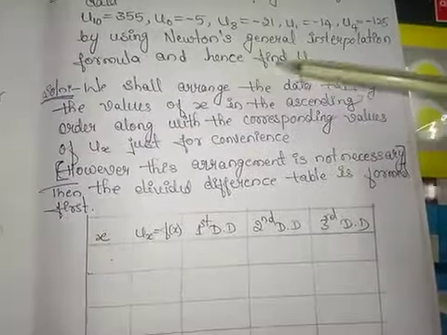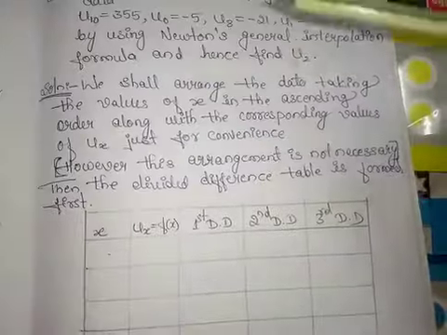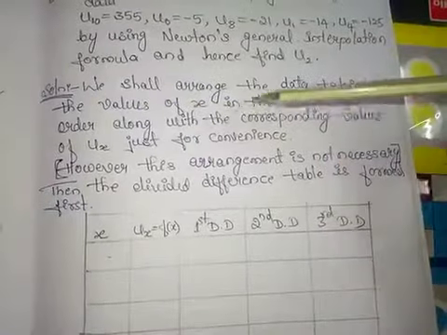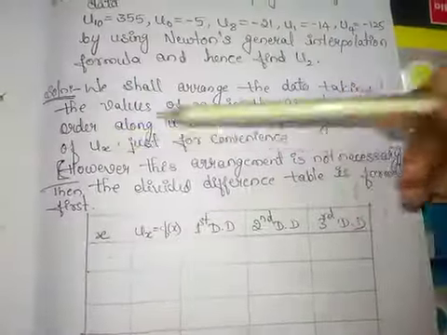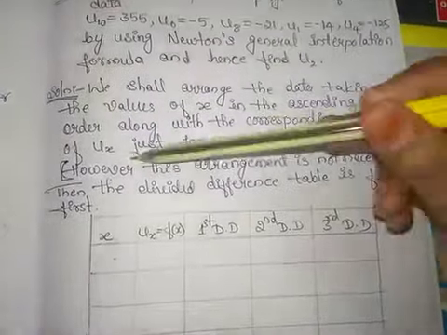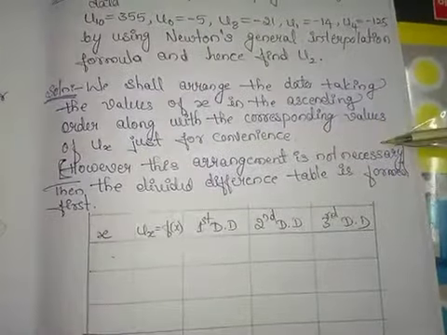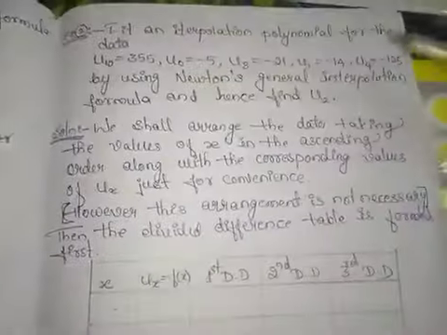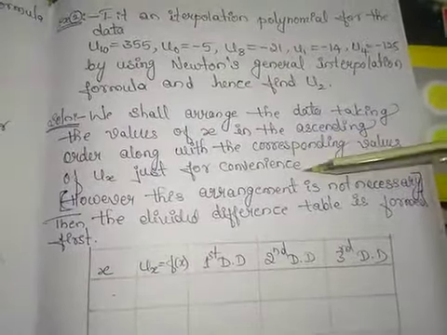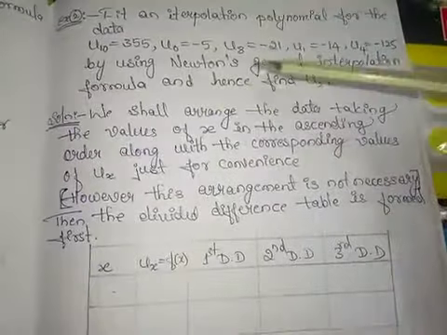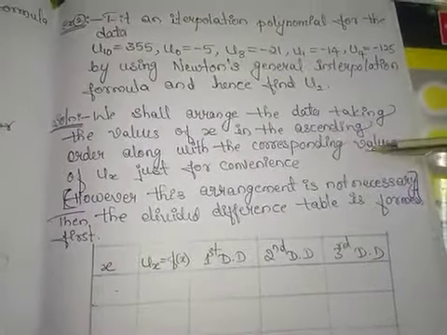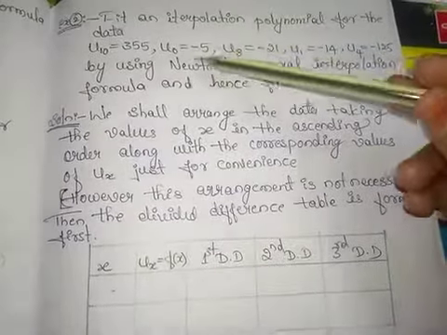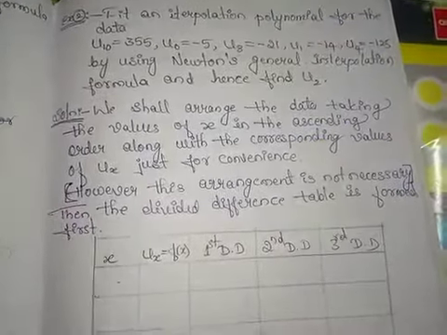We shall arrange the data taking the values of x in ascending order along with the corresponding values of ux just for convenience. However, this arrangement is not necessary. See, the values are given randomly. They are not in order. Here, just for our convenience, we will take those values in ascending order. However, this arrangement is not required, but for our convenience we take these values in ascending order.